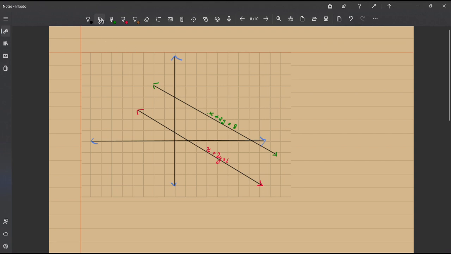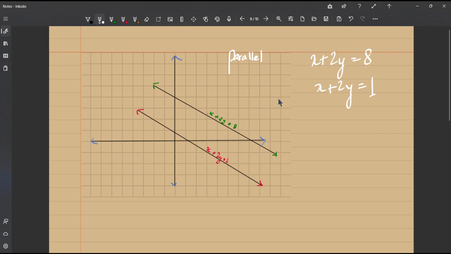So the problem at hand now is there are two equations, x plus 2y equal to 8 and x plus 2y equal to 1. We saw this problem a while back in the linear equations with two variables playlist, I think, and we graphed the equations then, and we found out that the lines were parallel and they didn't have any solution, because there are no values of x and y that simultaneously satisfy both equations.